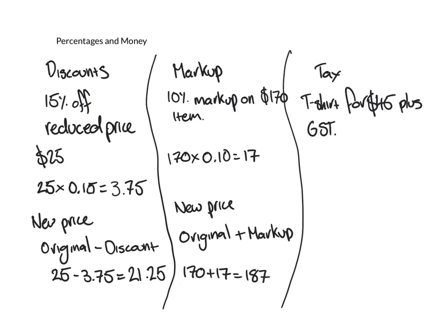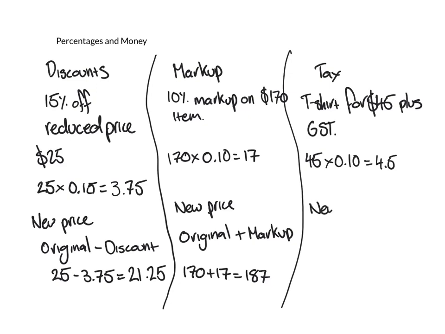The final price that we pay for the t-shirt plus the tax on top. So like I said, in Australia, tax is always 10%, so that makes it really easy for us. $45 times 0.1, so that's the decimal version of 10%. So the tax that we're paying on this is going to be 4.5 or $4.50.